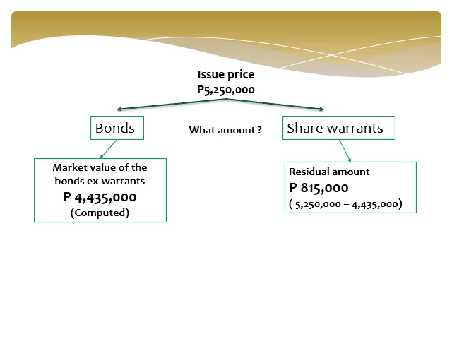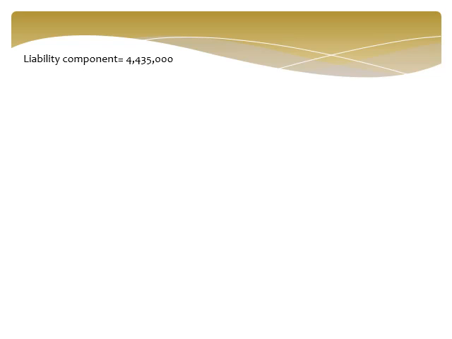So, 5,250,000 minus the 4,435,000, the total share warrants is 815,000. We have the liability component of 4,435,000. We also have the equity component of 815,000.